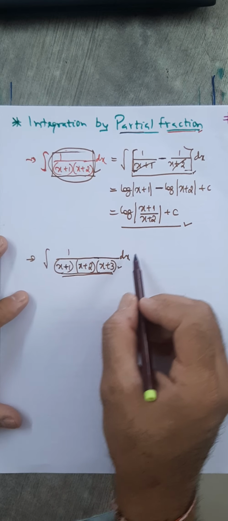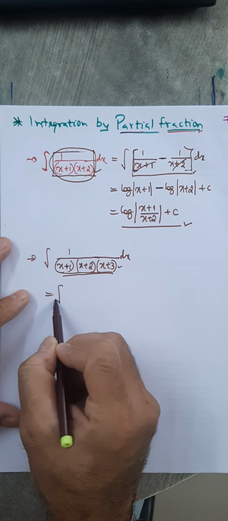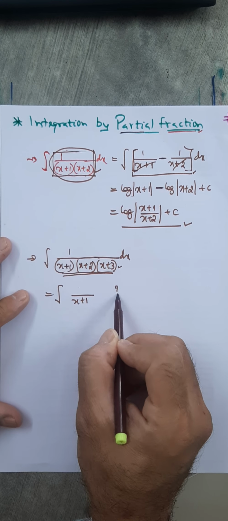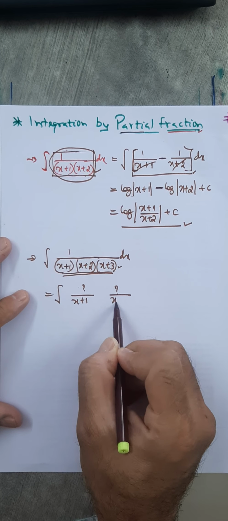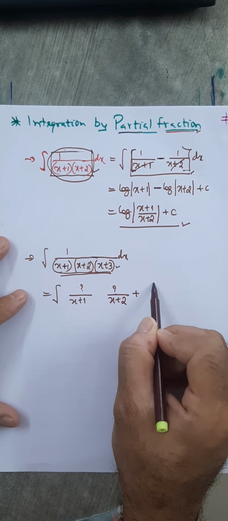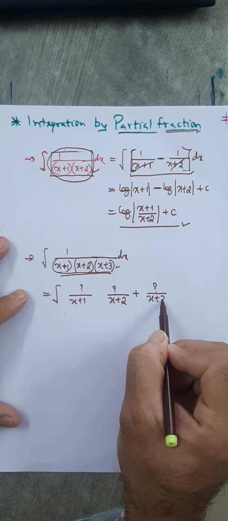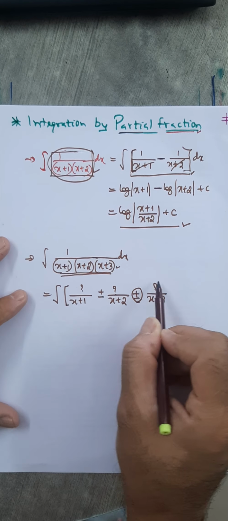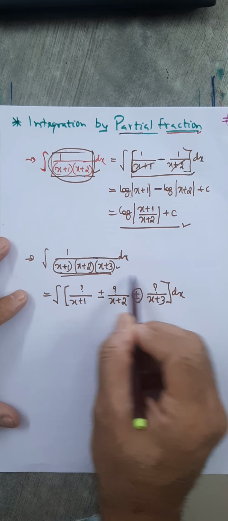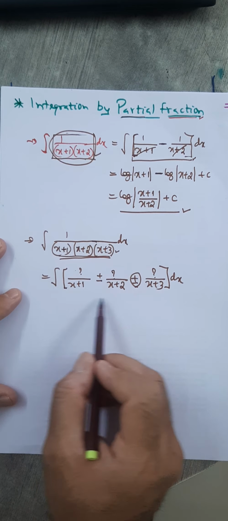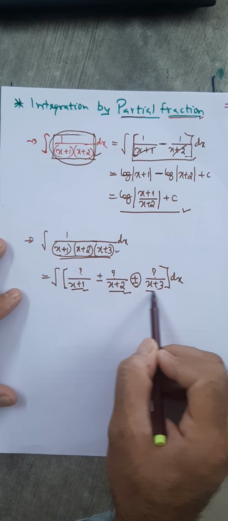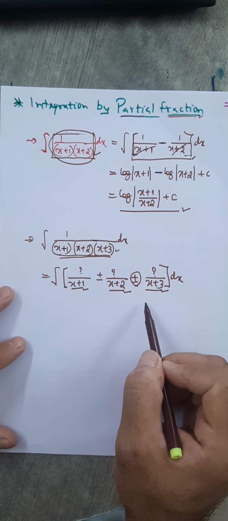So what we do is express this as some constant upon x plus 1, another constant upon x plus 2, and one more constant upon x plus 3. This may be plus or minus. After doing this, it can be integrated very easily. This is log of mod of x plus 1, log of mod of x plus 2, log of mod of x plus 3.